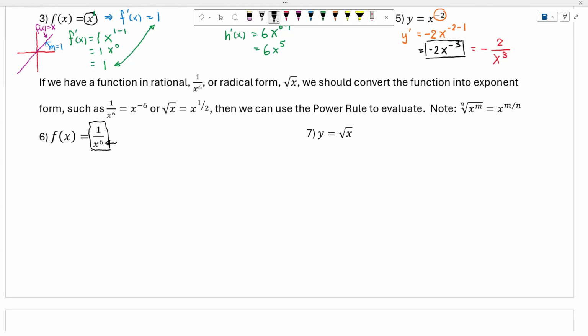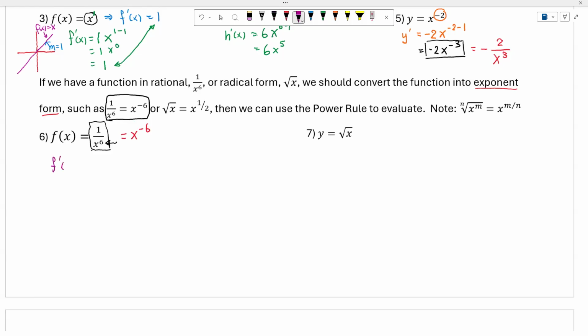What I need to do is rewrite 1 over x to the power of 6 as x to the power of -6. That means we need to rewrite the expression into exponent form first. So this is my first step, and then from there we are going to work out the problem.